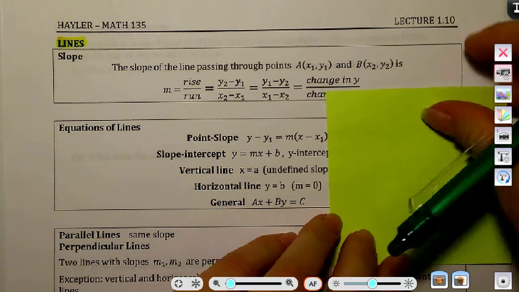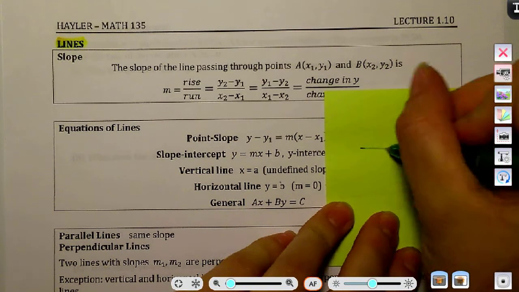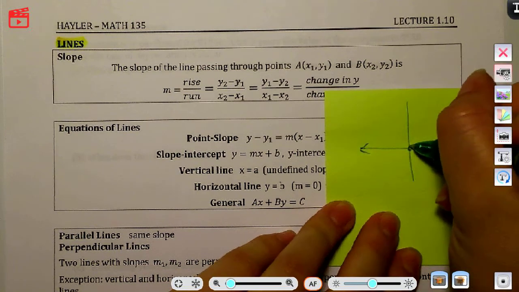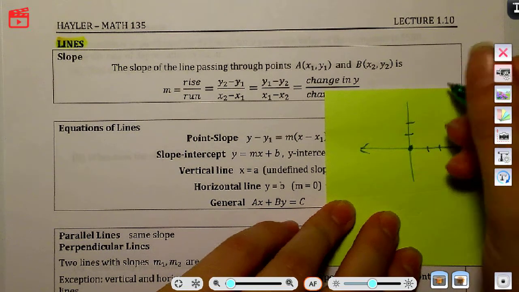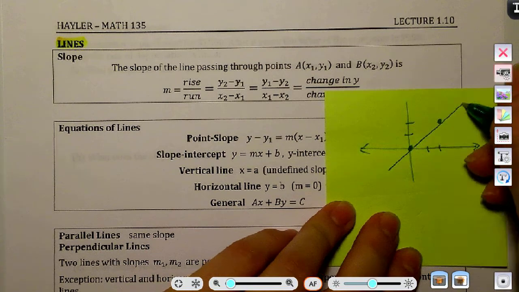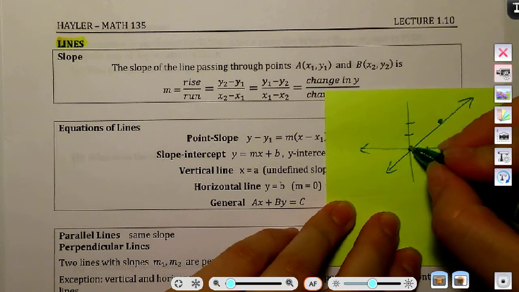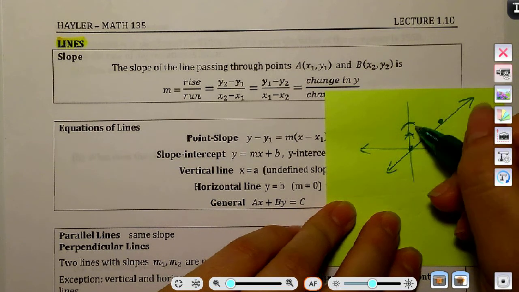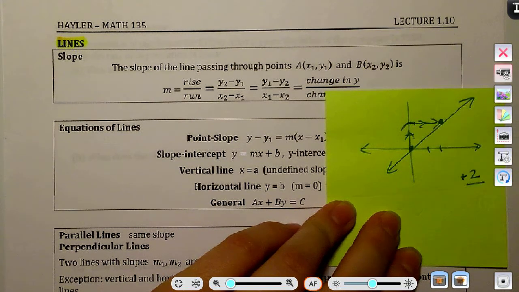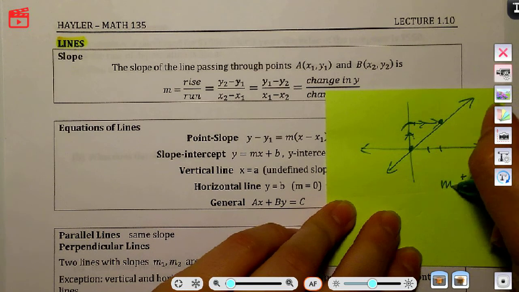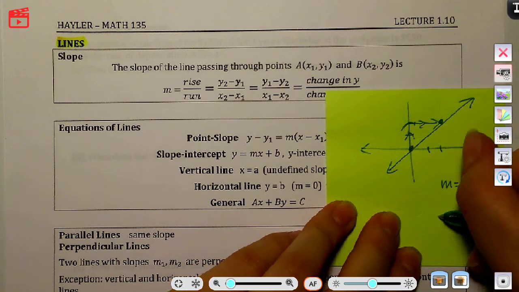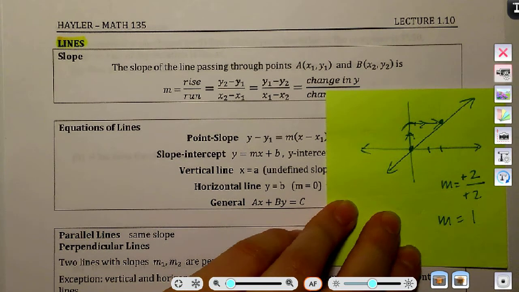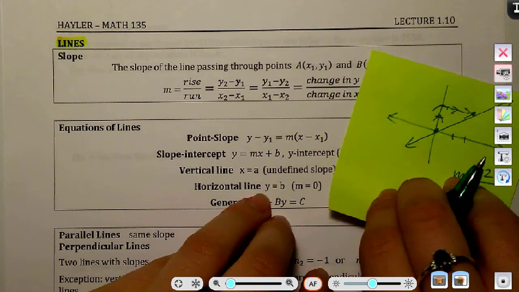If you were given a graph and you started at 0, 0, and your next point went here, you could count rise over run by going up 2, positive 2, and right also 2, so positive 2. So my slope would be 2 over 2, which would then simplify to 1.